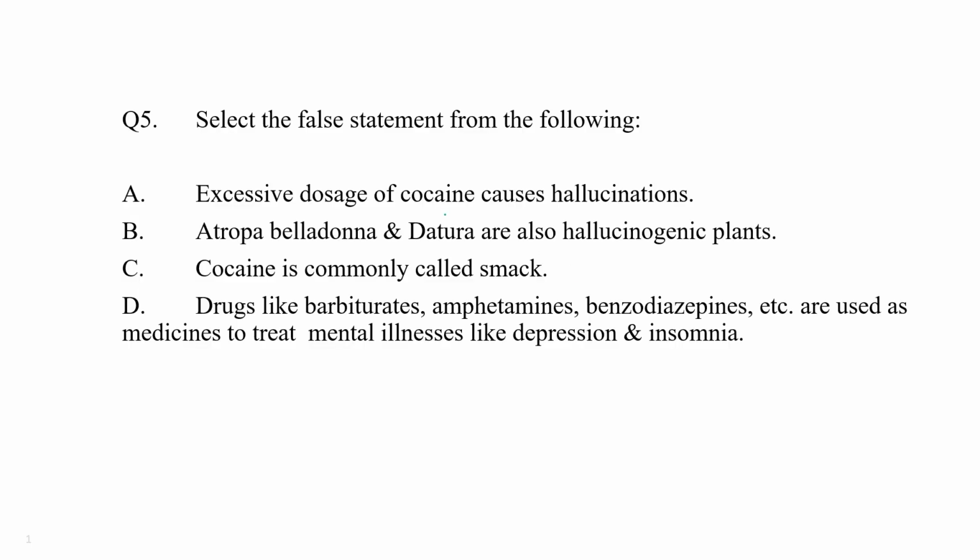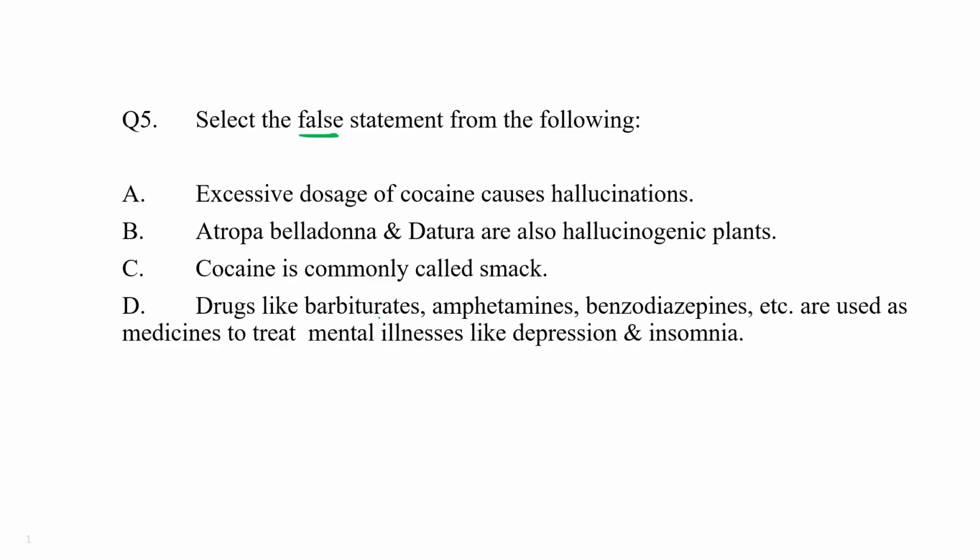Now question number 5. Select the false statement from the following. A. Excessive doses of cocaine cause hallucination. B. Atropa belladonna and datura are also hallucinogenic plants. C. Cocaine is commonly called smack.